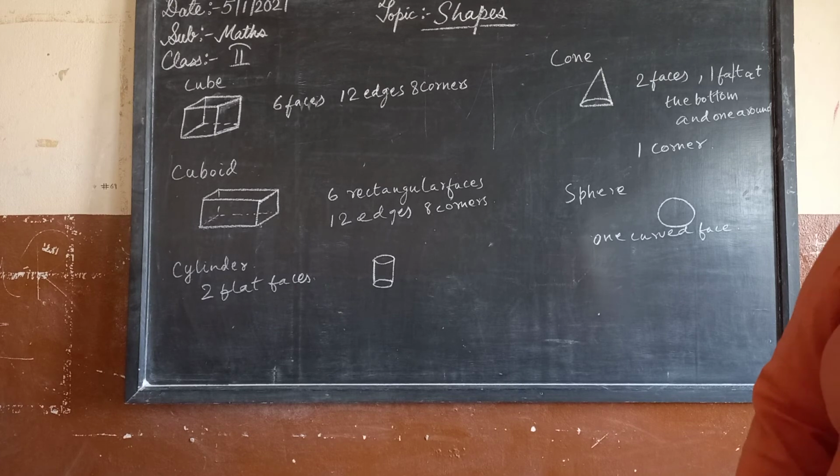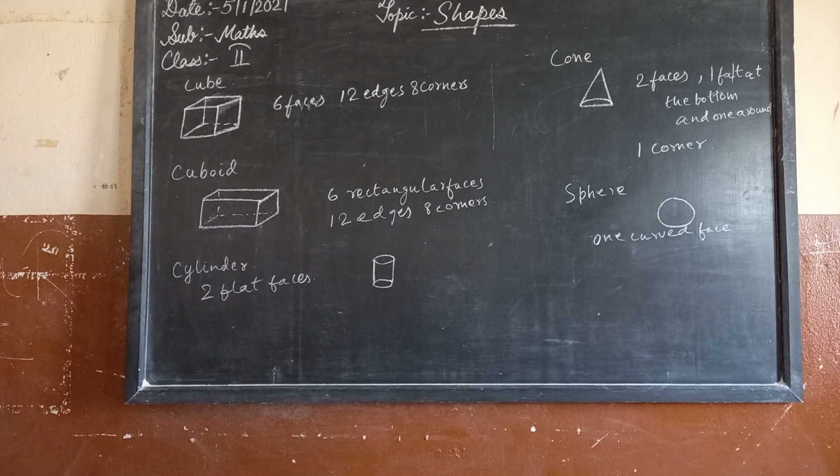Cylinder is a 3-dimensional shape with a curved face. It also has 2 flat faces, which are circular in shape. It has no corner. Cone is a 3-dimensional shape with a circular base and a pointed vertex. It has 2 faces, 1 at the bottom and 1 around, and it has 1 corner. Sphere is a perfectly round 3-dimensional shape like a ball. It has only 1 curved face.